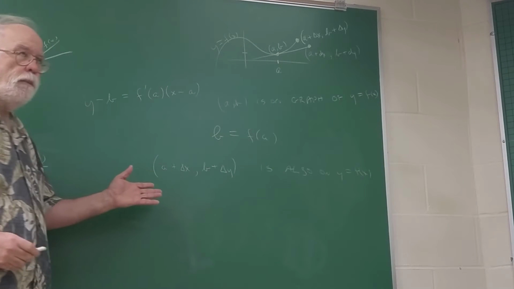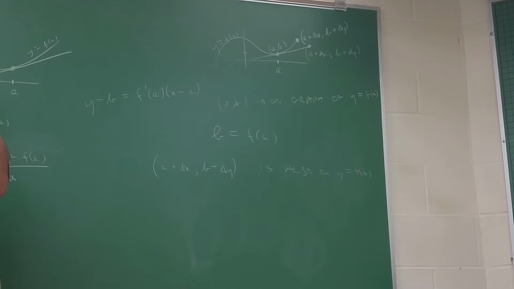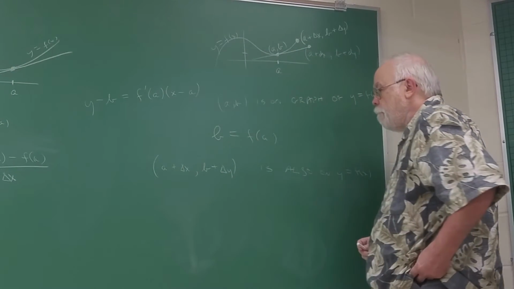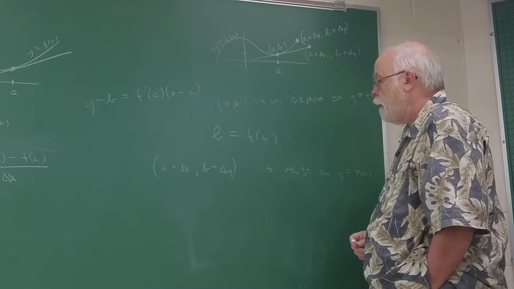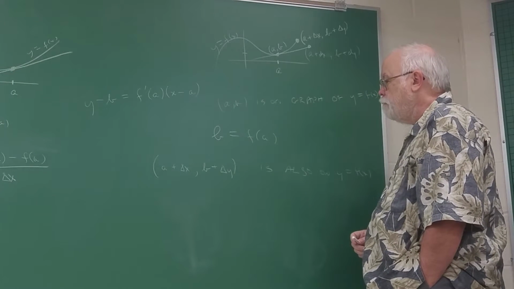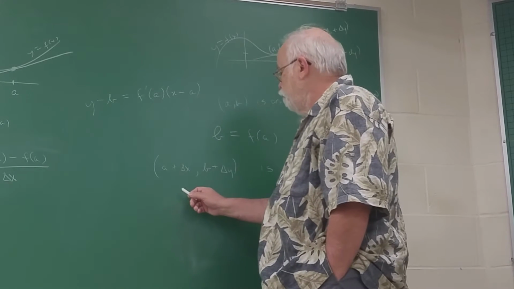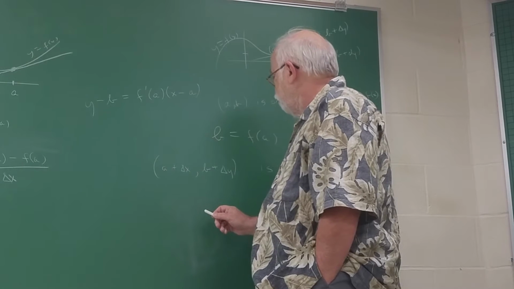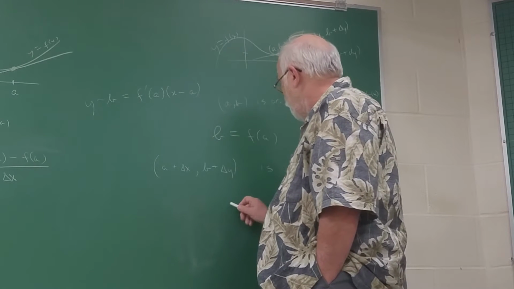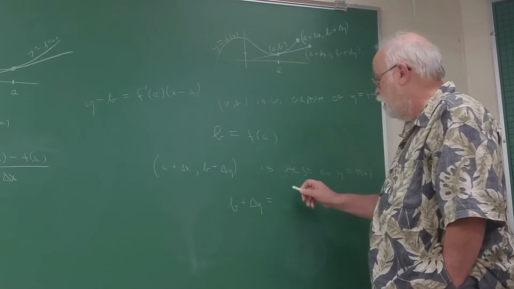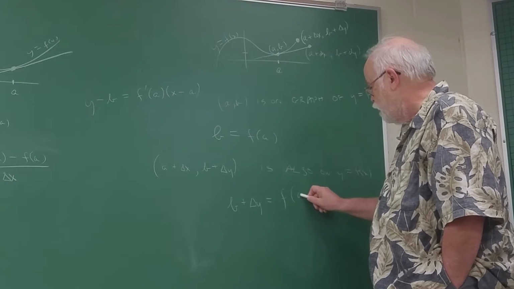So what does that tell me? B plus delta y equals f of a plus delta x.